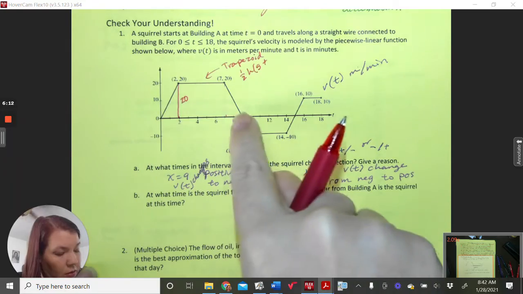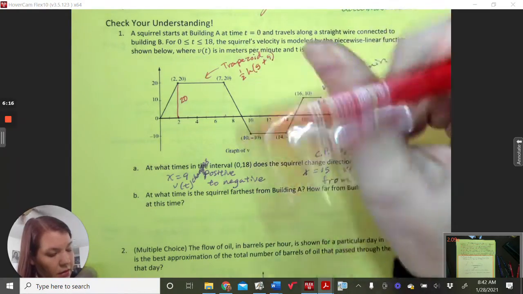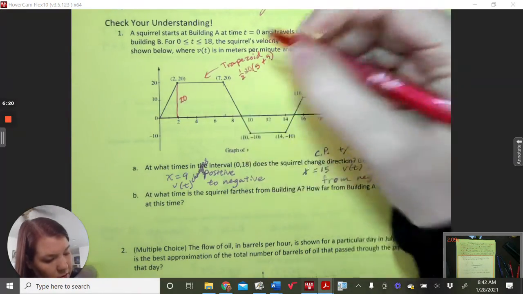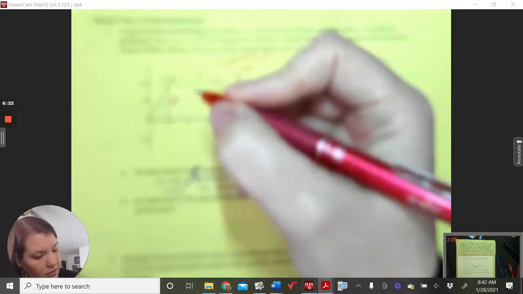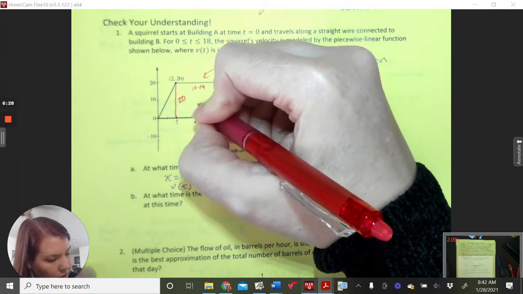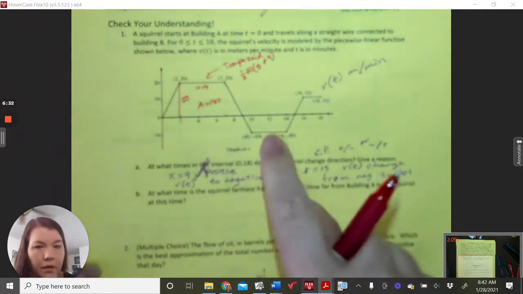And base 2 was between 0 and 9, so that's 9. And height was 20. So 10 times 14. So this area is 140.